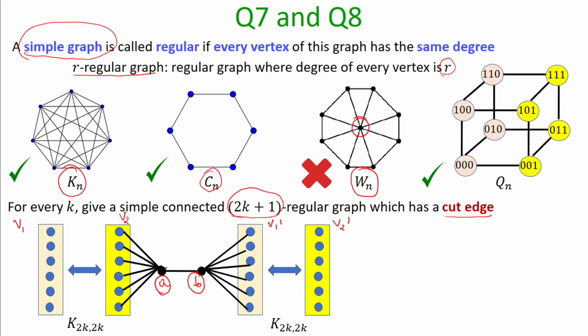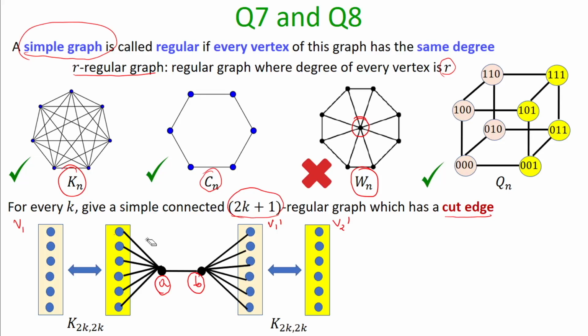Now all the vertices of V2 will have degree 2k plus 1. This is because you take any vertex of V2, say the first vertex. It is a neighbor of A, so it gets degree 1, and it has an edge with every node in V1, so through that it gets the degree 2k. So total degree 2k plus 1.